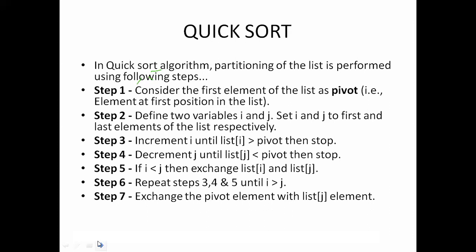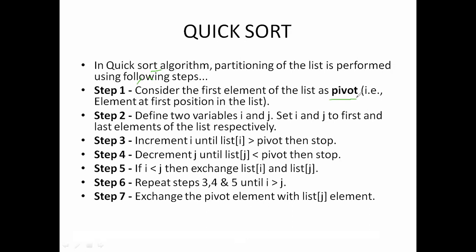So if we use the divide and conquer method, the partition of the list is performed based on an element called the pivot. So the partition will be done by using the element called pivot. The pivot will partition the list.